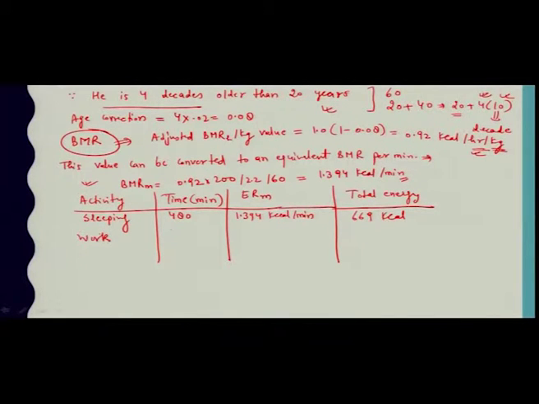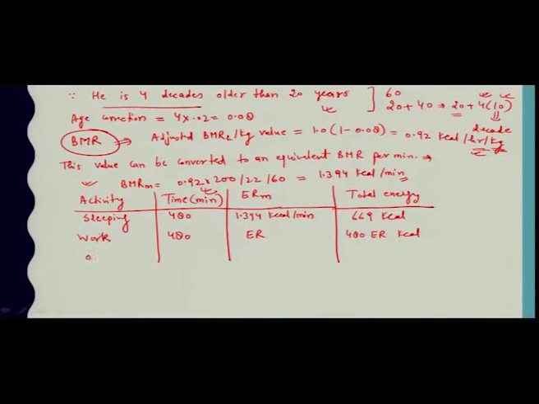So again 8, and if you convert it into minutes, 8 into 60 equals 480, and this energy expenditure rate will be unknown, so 480 times ER will be in kilocalorie.